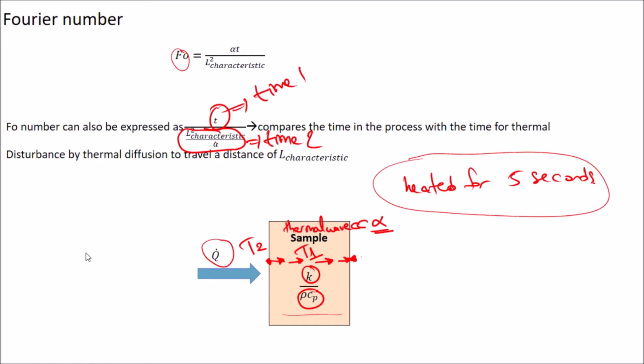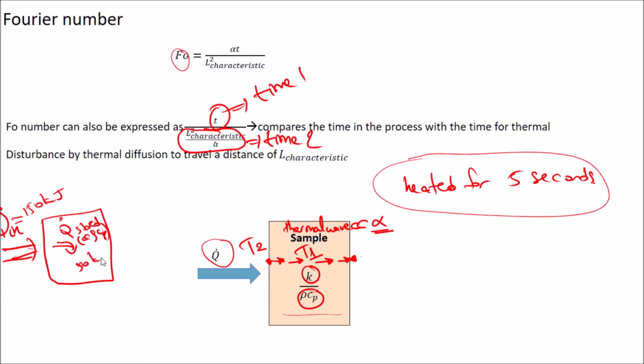And one thing we should note here is that when you are heating with Q dot in, let's say this one is 150 kilowatts, some of this Q dot is stored, Q dot stored, and that is proportional to rho into Cp. Say that it is 50 kilowatts, this one is watt.